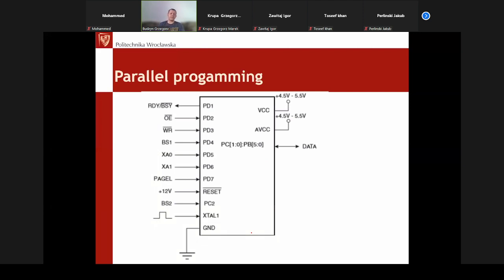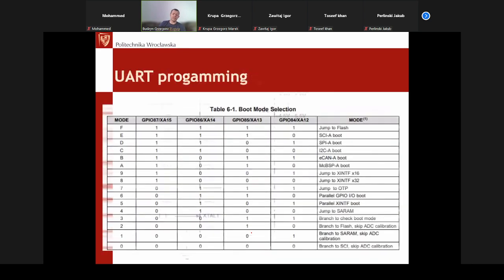Then, in case of programming, we need to find which pins are connected to what. Very often in microcontrollers, we've got a boot mode selection table. Sometimes this table is simpler: just 2-bit mode selection, sometimes just 1-bit mode selection, which means 2 modes.